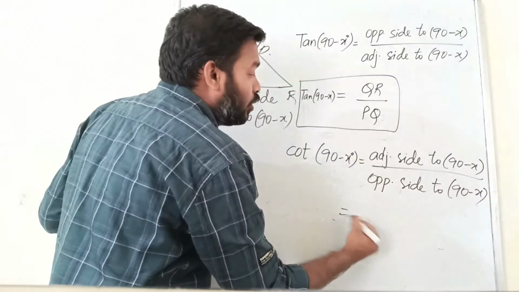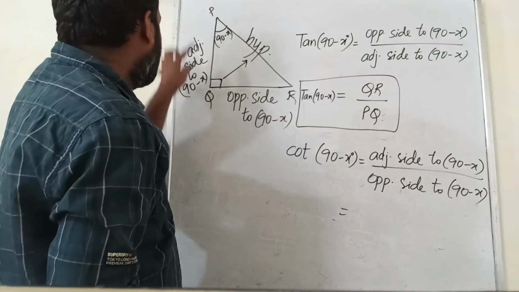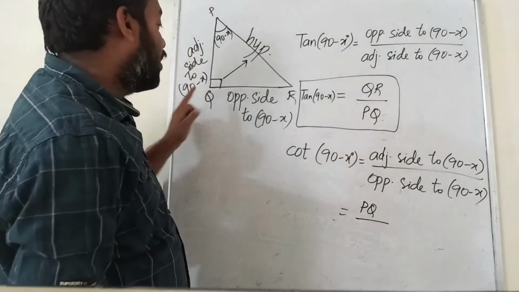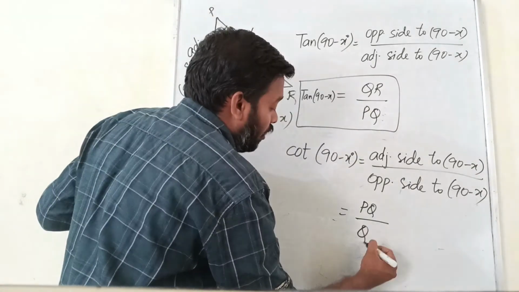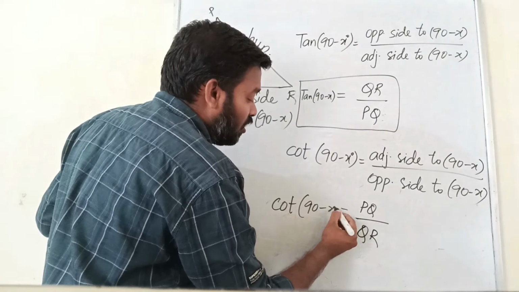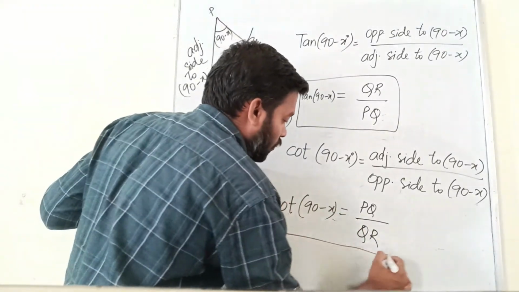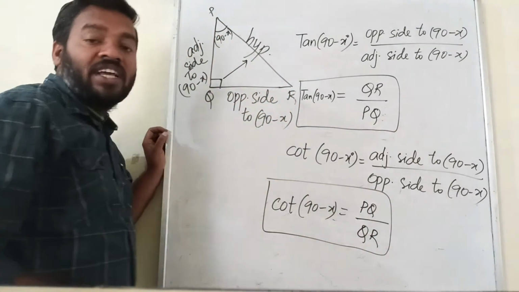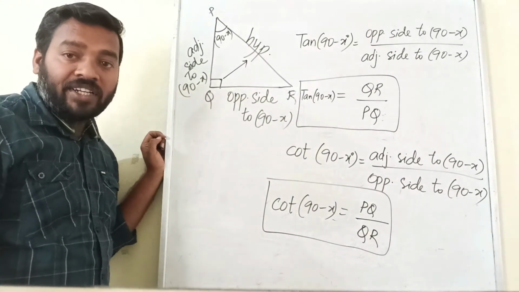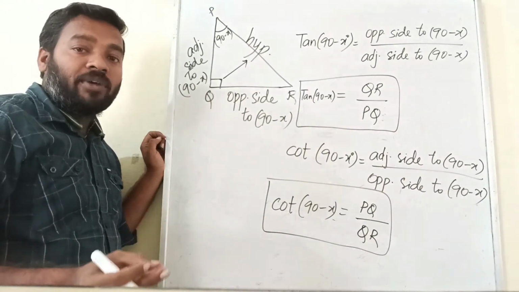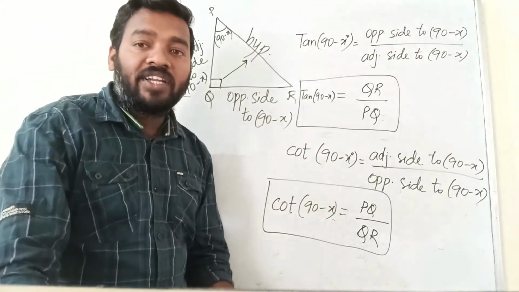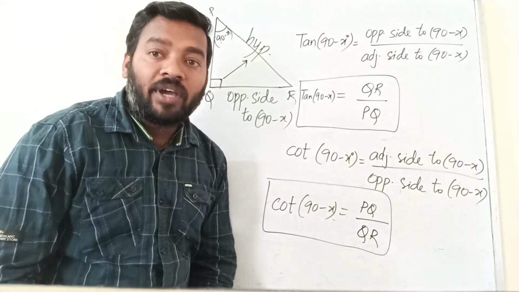The adjacent side is PQ, by the opposite side QR. That is cot 90 minus x. Till now we have found sin, cos, tan and cot of 90 minus x. Now we are going to find cosecant 90 minus x and secant 90 minus x.